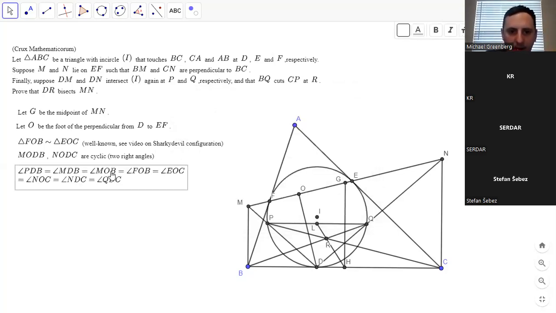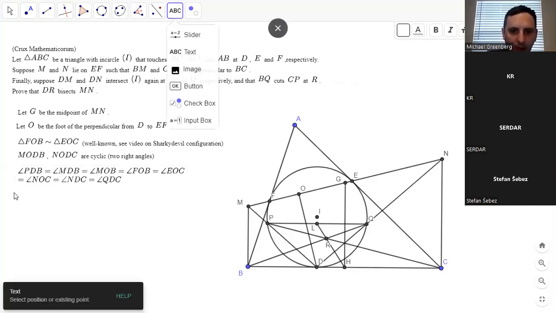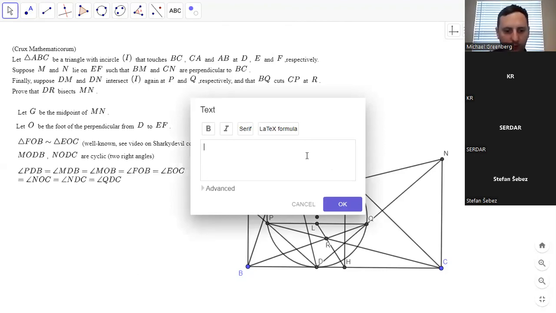So that implies arc PB is arc PQ, which means PQ is parallel to BC. And that implies that PQ is parallel to BC.